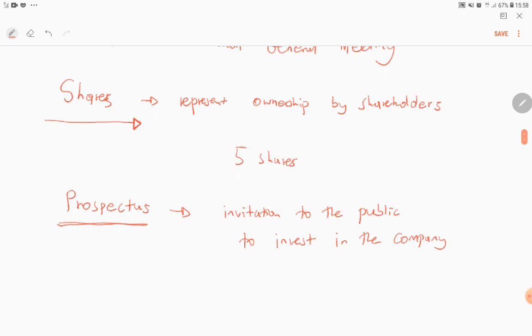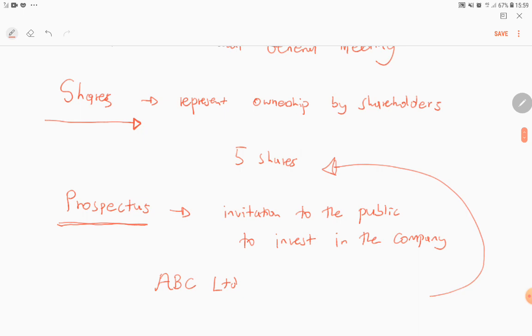In other words, after a company is registered, this is what is issued to the public. For example, the prospectus will be stating that we are ABC Limited, and we are inviting you to come and buy ABC Limited shares.